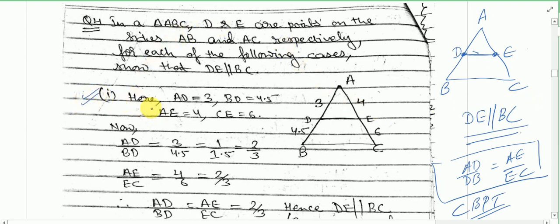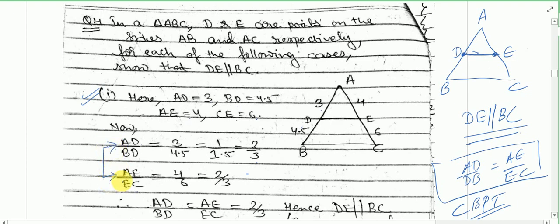So first question here, this triangle ABC and these points D and E are given, and AD value is given, how much? 3, BD value 4.5, AE is 4 and CE is given to be 6. So here we observe that AD upon DB is coming 2 by 3 and AE upon EC is also coming 2 by 3. So these two are equal.